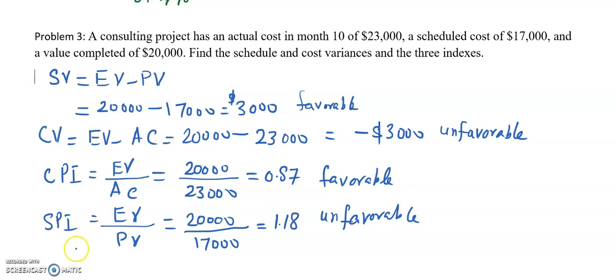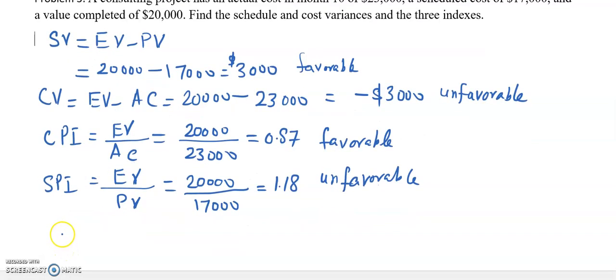And then the third index is the cost schedule index, CSI. The cost schedule index is the product of the cost performance index and the schedule performance index.